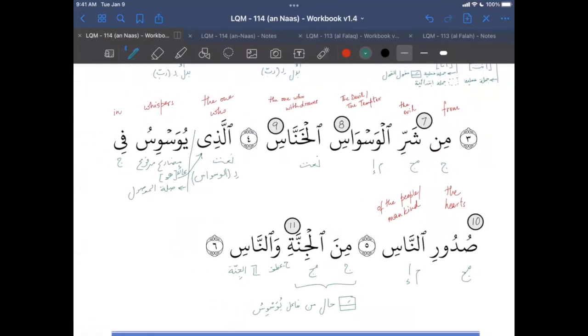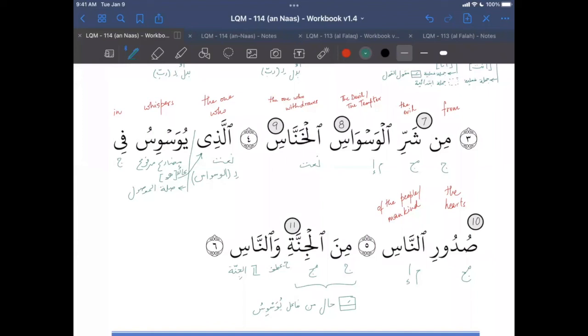So in the previous ayah, yuwaswisu fi sudur-un-Nâs, yuwaswisu we said is fi'l mudari marfu, and the fa'il is mustatir taqdiruhu huwa. Now this last ayah, min al-jinnati wan-nas, wan-nas is ma'tufun ala jinnah, so it will have the same treatment. But the jar majroor together is coming as a hal for the fa'il of yuwaswisu.